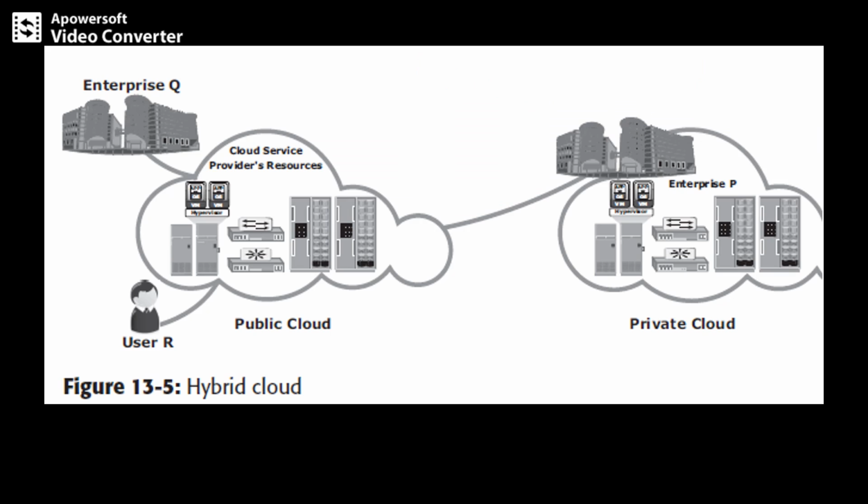The diagram shows the hybrid cloud model, which consists of a combination of two models. Here we have the public cloud and here we have the private cloud. As I mentioned before, in the private cloud we can store critical or sensitive data, while in the public cloud we can store data where actual security is not mandatory.